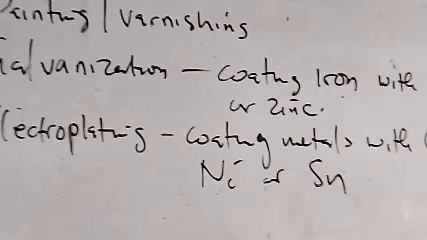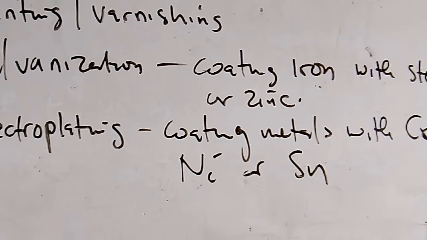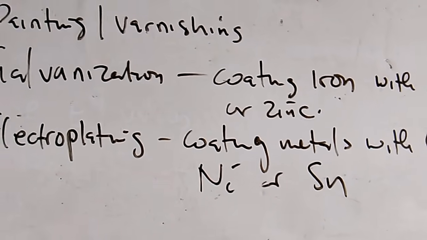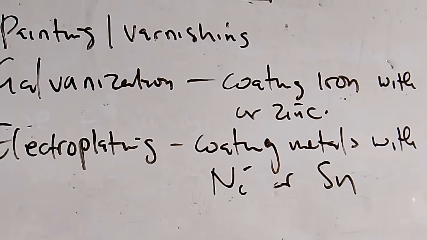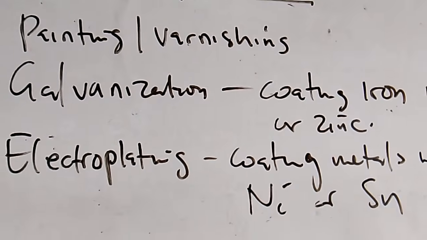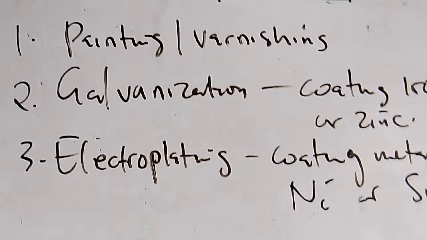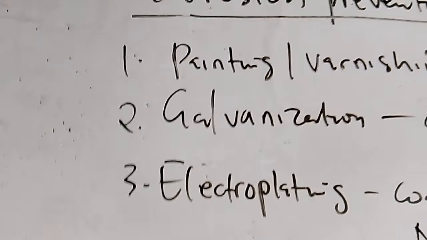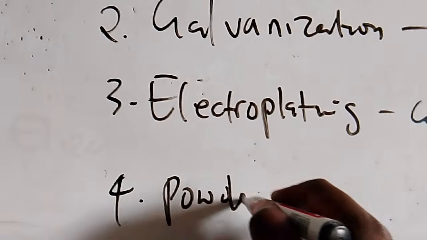Okay, so coating with metals: chromium, nickel, or tin. That's the electroplating. Okay, but specifically for galvanization, we are using what? Steel or zinc.